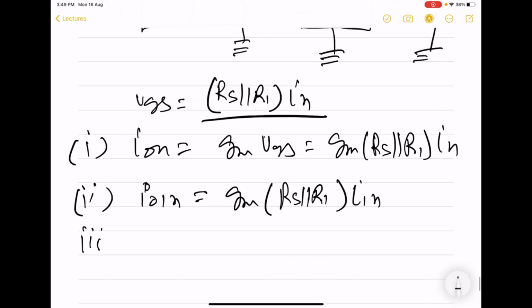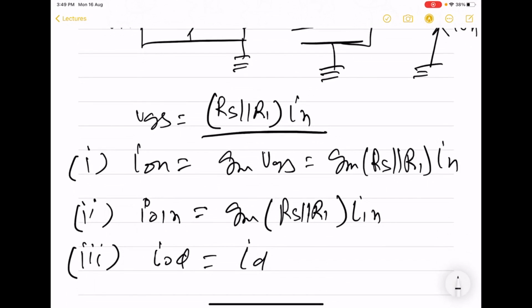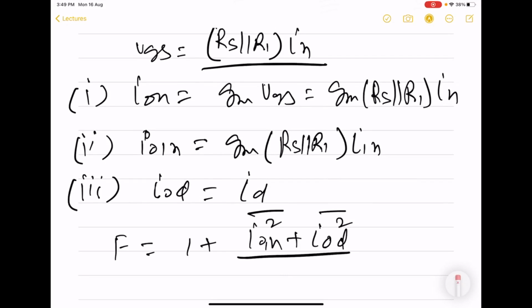Now third, due to the channel or drain noise current, the output noise current in this case will also turn out to be ID. So now we have to find the total power, and that is again proportional to the sum of the mean squares. In this case, the noise factor will be 1 plus IO1N, IOD mean square divided by ION mean square.